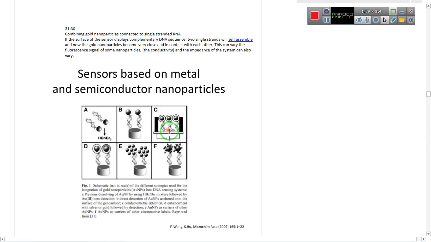When they self-assemble, the concentration of the gold nanoparticles here increases. For example, by measuring the conductivity of the solution within this process, by measuring the so-called impedance.